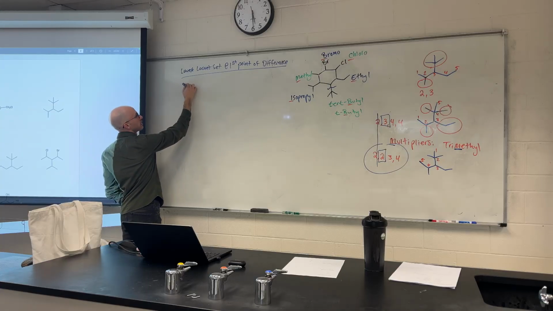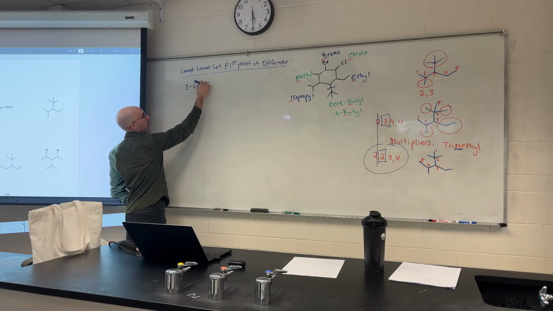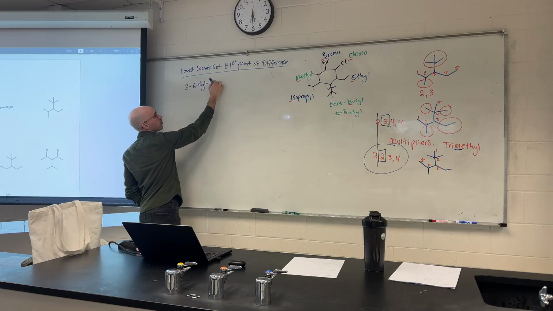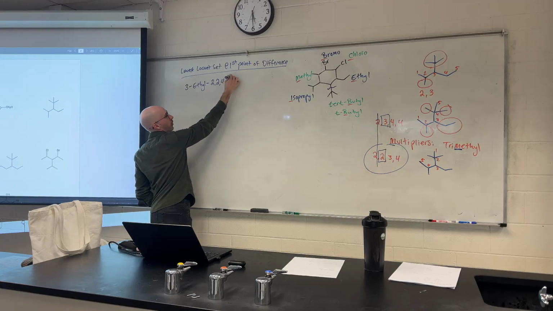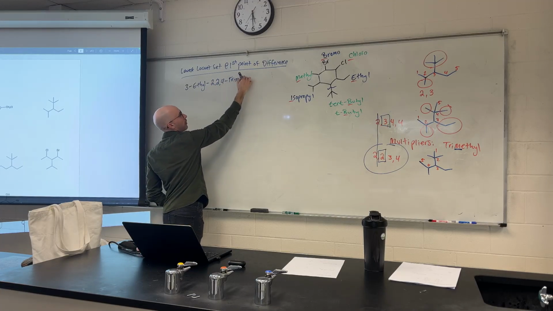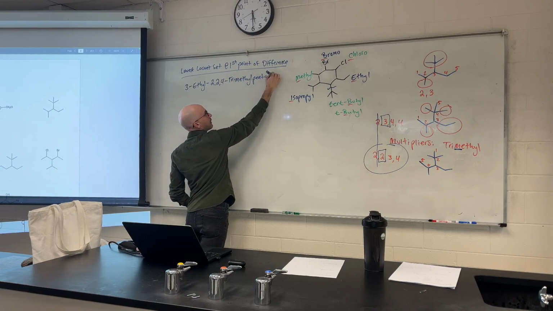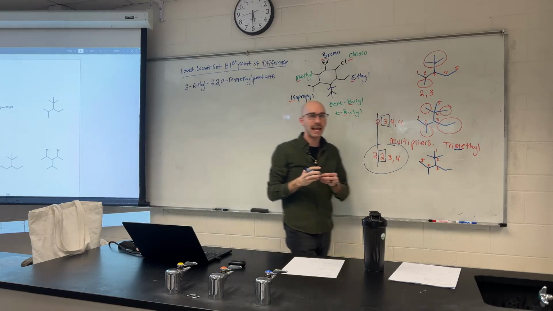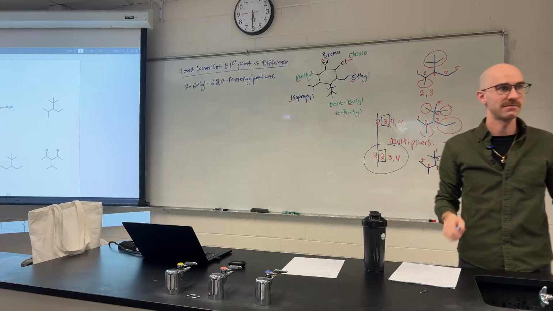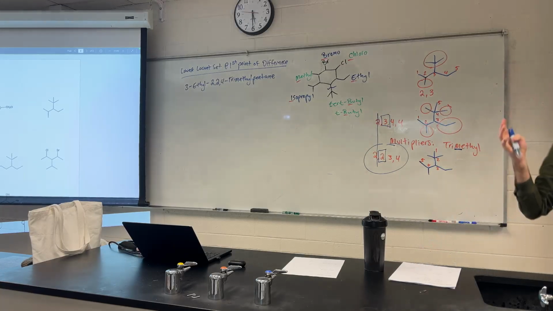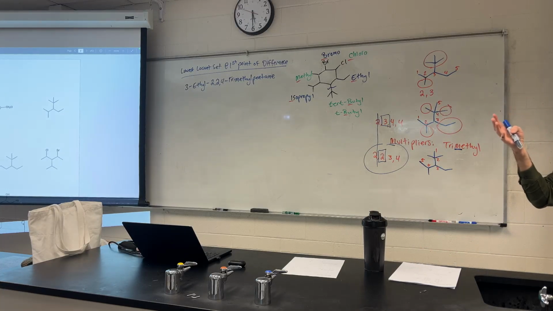So this is 3-ethyl, 2,2,4-trimethyl, pent for my root, ane for my suffix. Notice how most of that name is just the prefix. And then this tiny little bit at the end is the root and suffix.